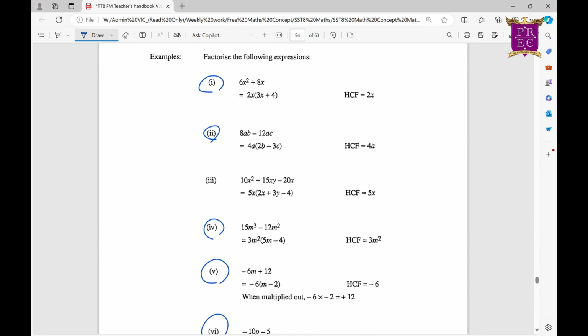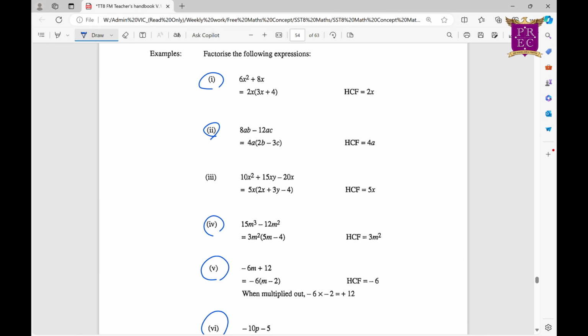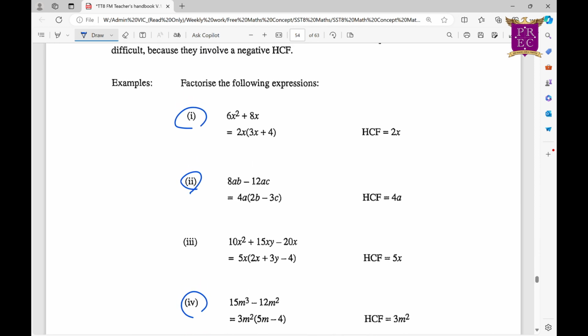Alright, so these are fairly complex from first glance, but they're not too complicated once you understand what we're doing and how we find highest common factors. So I'll just go through it methodically. So 6x squared plus 8x, and it's asking you to factorize it.